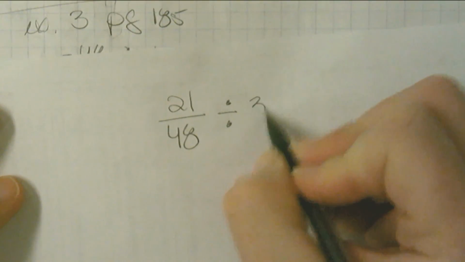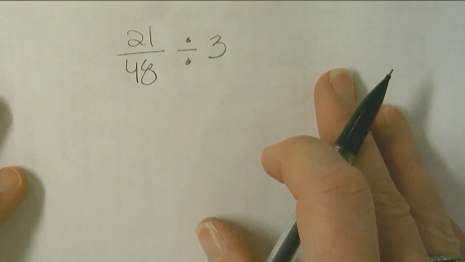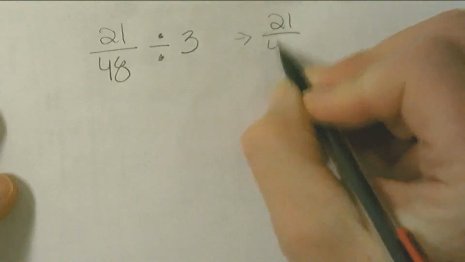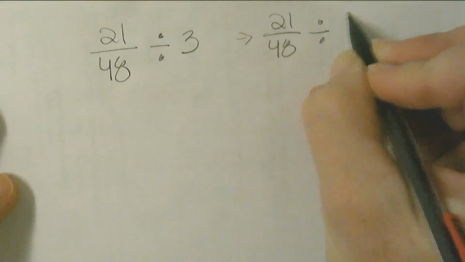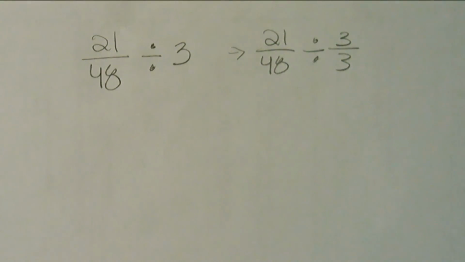If I say divide by 3, we want to know, is this the same thing as 21 over 48 divided by 3 over 3? What do you guys think? Are those two the same thing? Sarah? No. Why?